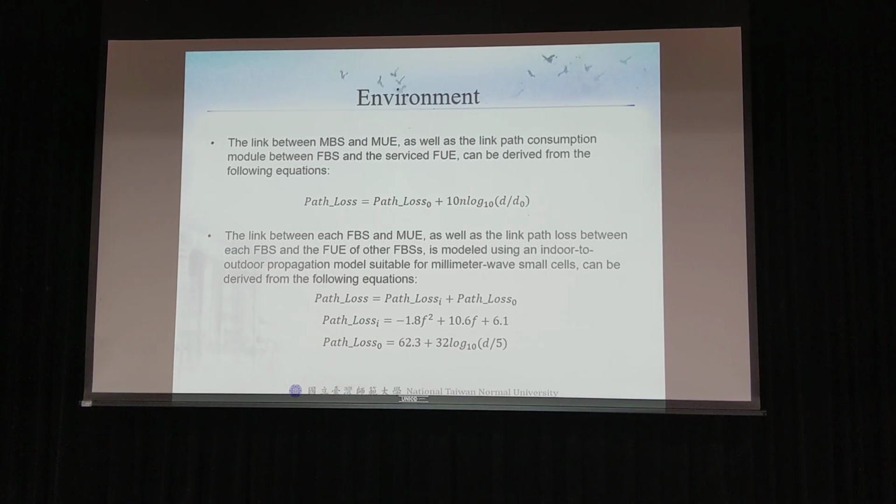We should consider the link between the MBS and MUE, as well as the link path loss model between FBS and the serving FUE. This can be derived from the following equation. And also the link between FBS and MUE, as well as the link path loss between each FBS and FUE of other FBS.